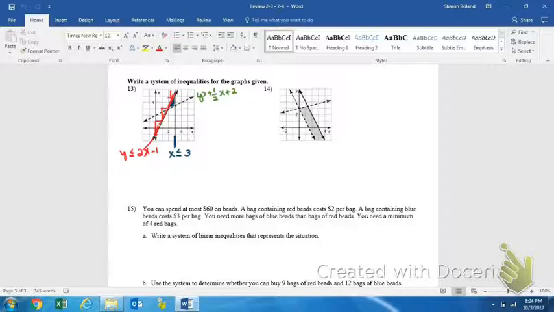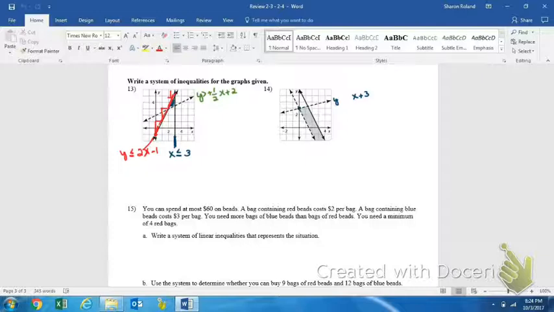On number 14, we'll start with the blue one. Remember, we always start with b, because that's where we begin, and that's at 3. So your y-intercept is positive 3, and then you go to x. What is the slope here?